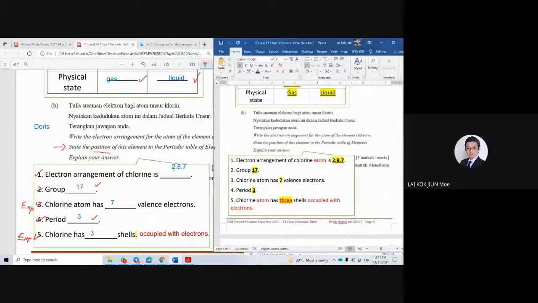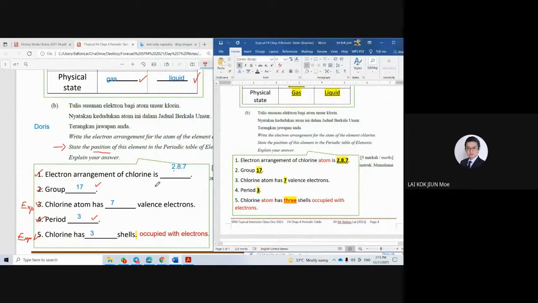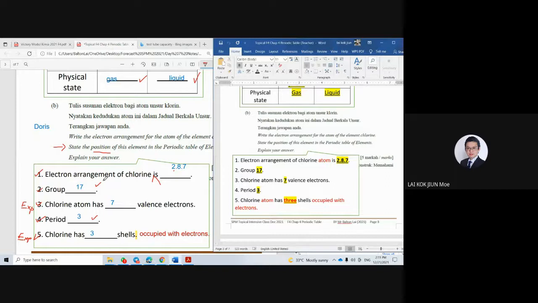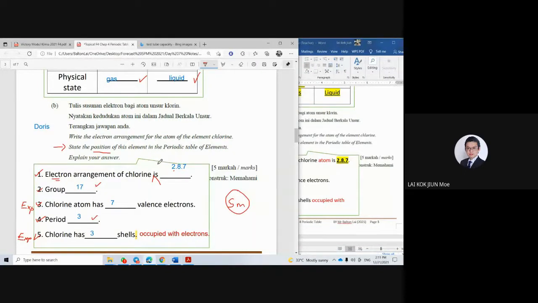Chlorine now, not yet chlorine. Doris, check again. You see here got 1 word missing, no marks already. Still remember last time I said when you explain something with electron 2.8.7, electron, Doris. Without atom, your marks will be gone.